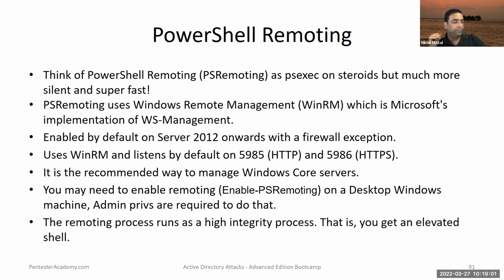On desktop Windows operating systems like Windows 10, 11, etc., you need to enable remoting, and administrative privileges are required to do that. Please note that when you PowerShell remote to a machine, you get a high integrity process. That is, UAC, etc., are usually not a problem. You get an elevated shell on the remote machine.